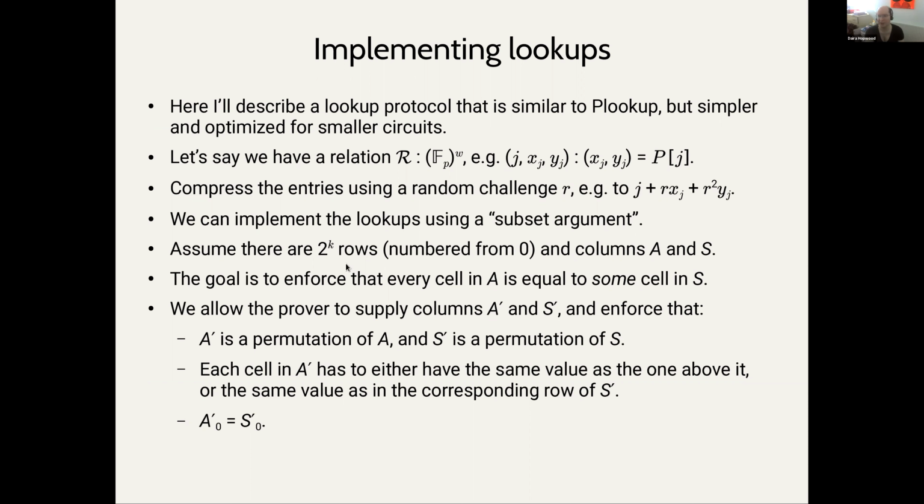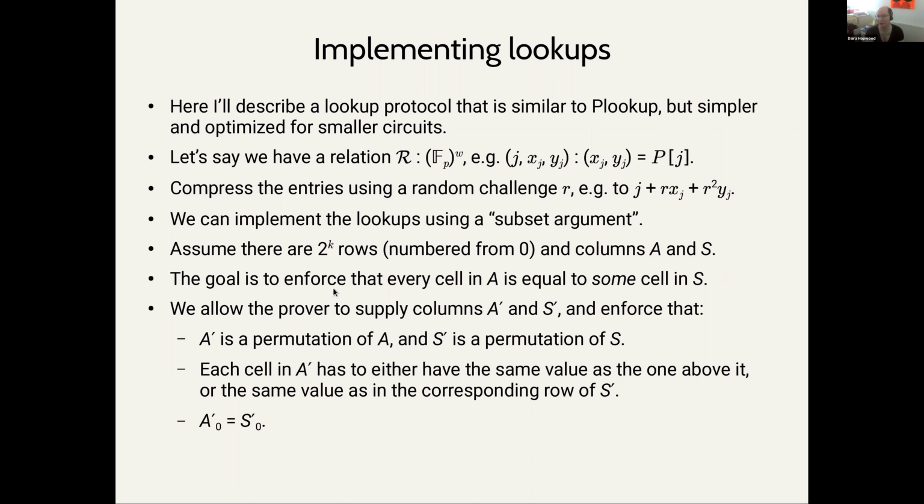So suppose that table has 2 to the k rows. By the way, this k happens to be the same as the k from earlier because our circuit has 2 to the k rows, although it could in general be different. And we have columns A and S, so we just add 2 new columns.